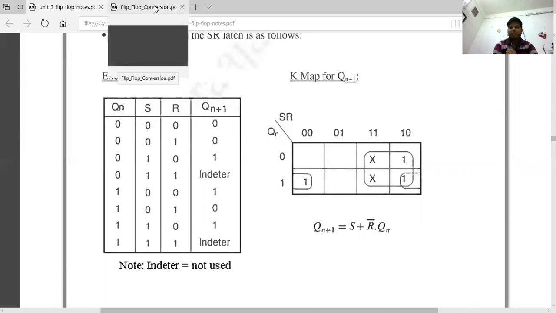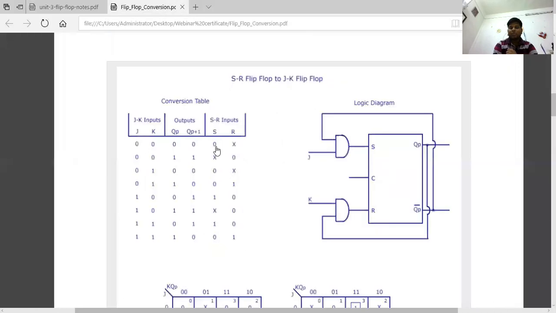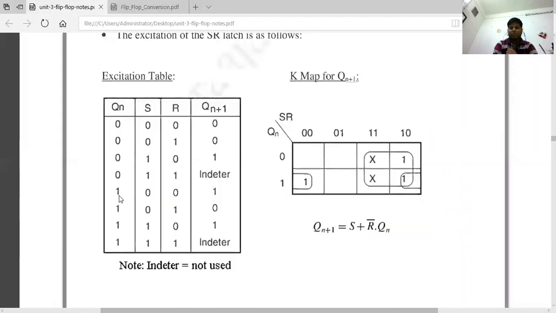So it is mentioned here as 0 and cross. Then if the present output is 1 and the next output is 1, what is the value? Both conditions are there.